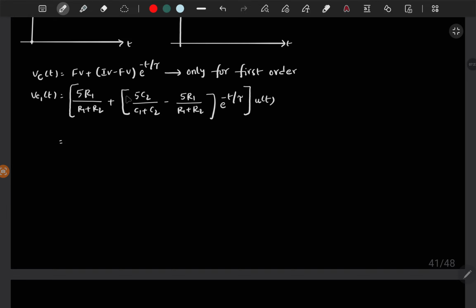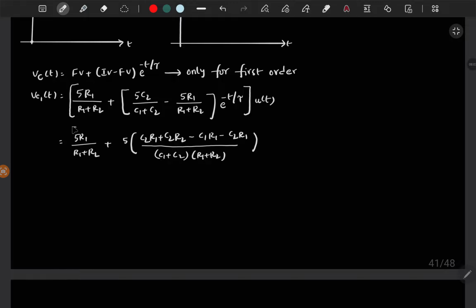Let's modify this equation. If you solve this one, 5R1 by R1 plus R2 plus, if you take out 5, then C2R1 plus C2R2 minus C1R1 minus C2R1 by C1 plus C2 times R1 plus R2, times u of t.